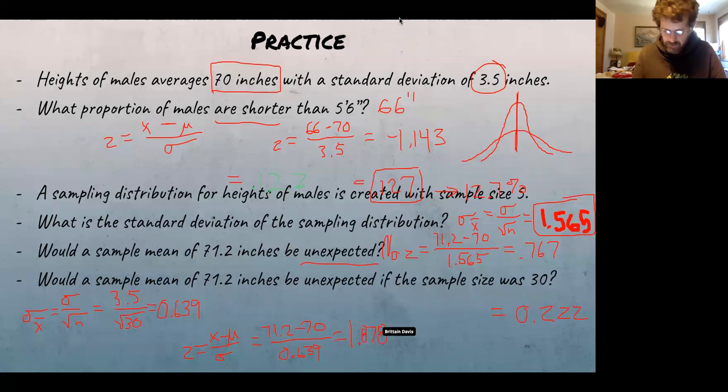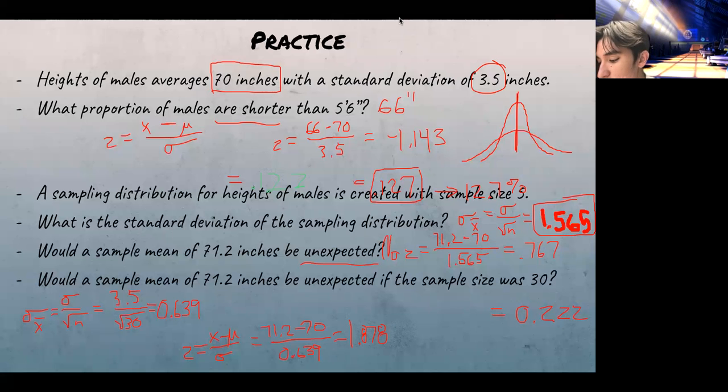All right. And then what? And then I plugged that into normal CDF with 1.878 as a lower bound and infinity as the upper bound. And I found about 3%. Okay, 3%.